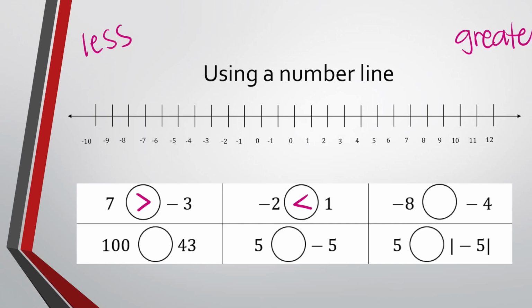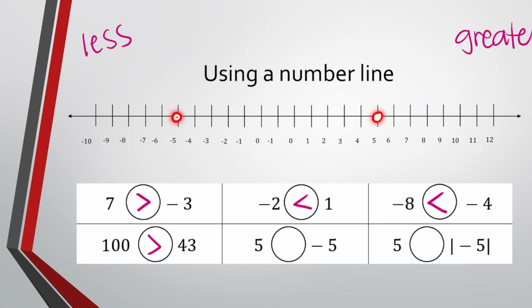Or again, like -8 and -4. The 8 is so tempting because you're like, oh, the 8 is big. I know the 8 is bigger than 4, but that's not true because it's negative. -8 is here and -4 is here, which means that -8 is actually less than -4 because it's farther to the left than -4 is. It's lower on the number line. This next one, obviously 100 is more than 43. There's no negative, so we don't even have to worry about it. 5 and -5.